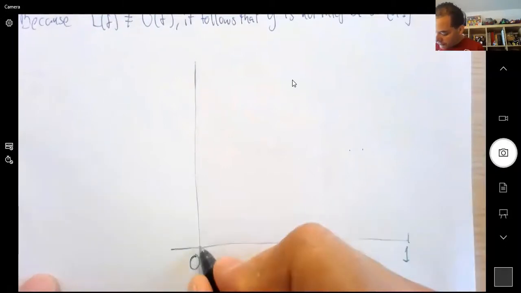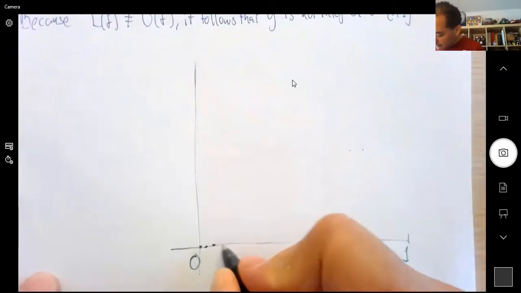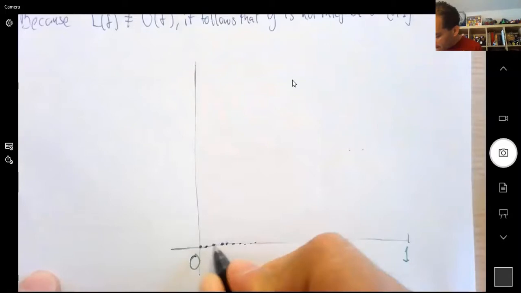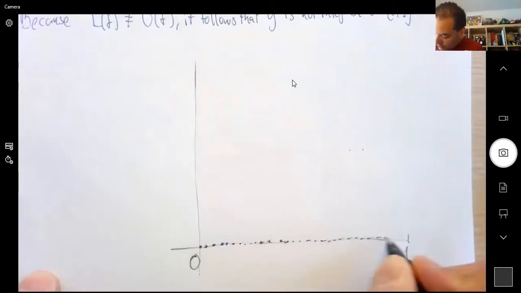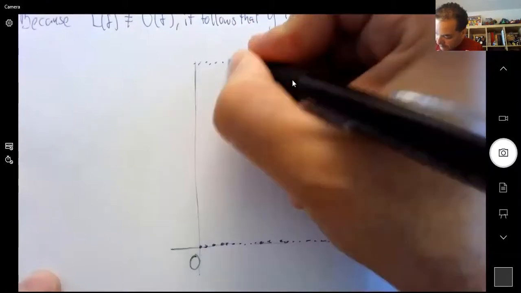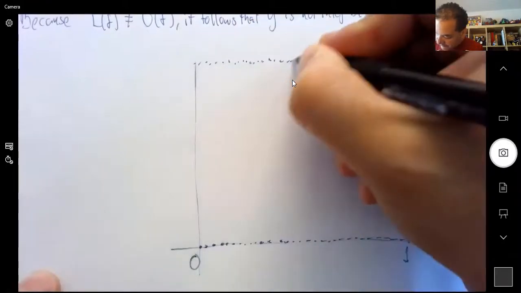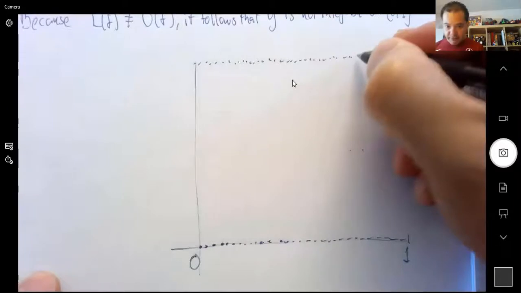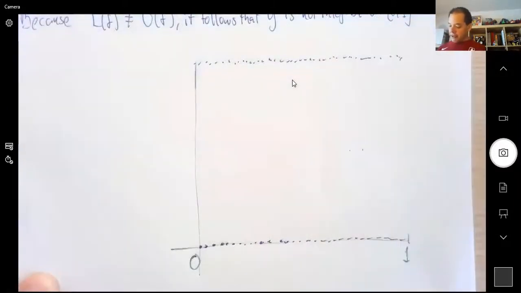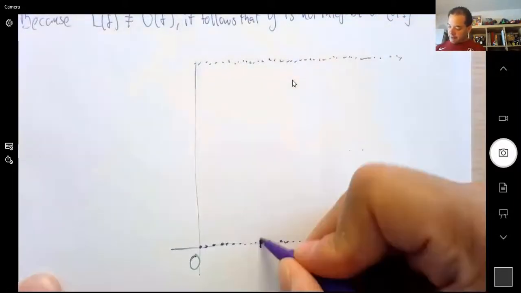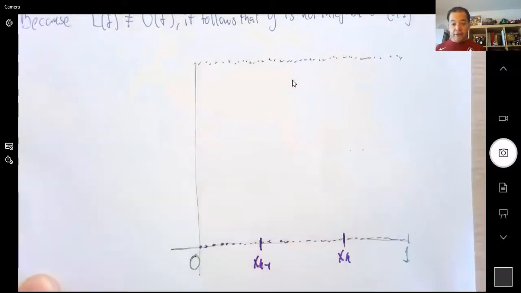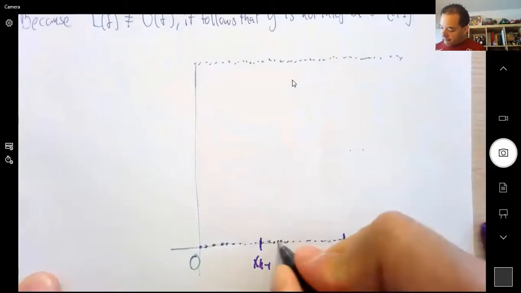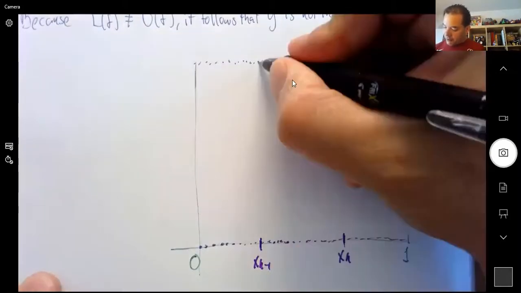It has a bunch of zeros, because those are the points that are irrational, but also a bunch of ones, because those are the points that are rational. So if you pick any interval here, from x_{k-1} to x_k, and you look at the values of the function g, you have some points that are 0, and you have some points that are 1.